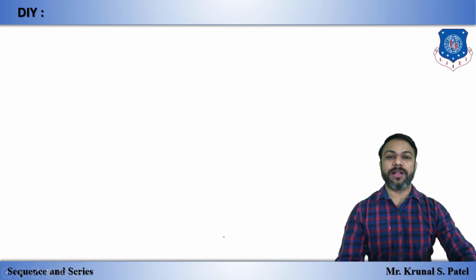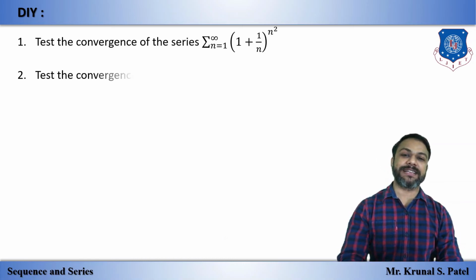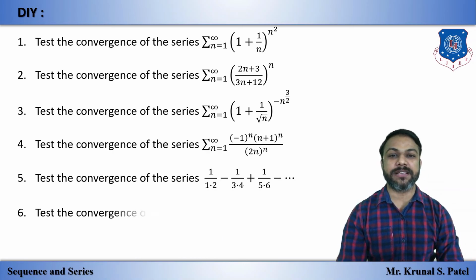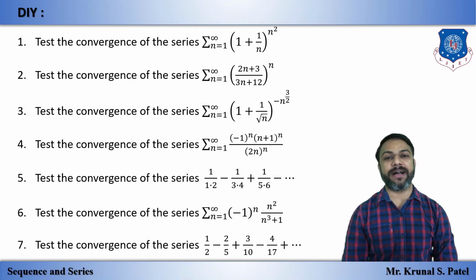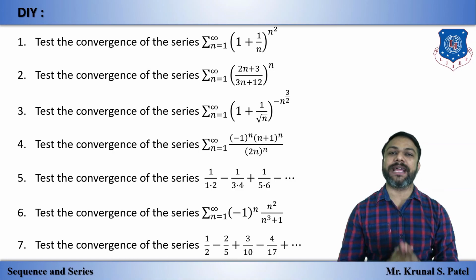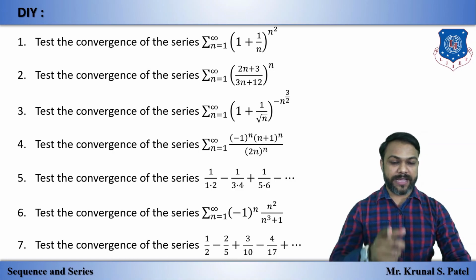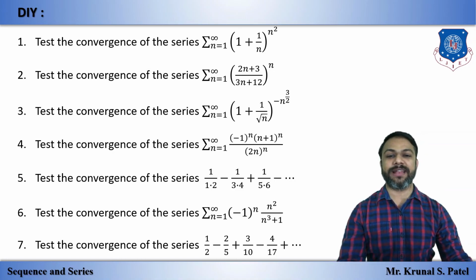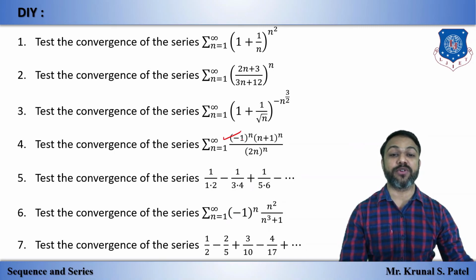Okay, so these are the basic examples. Do it yourself by the root test, that is Cauchy's root test, and the Leibniz test. Out of these 7 examples, you can say directly this is the Leibniz test because of the minus 1 to something, plus minus.